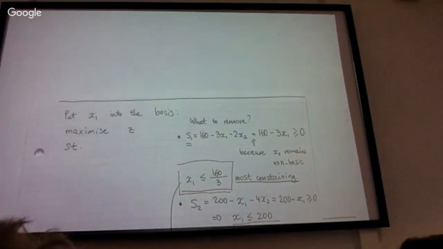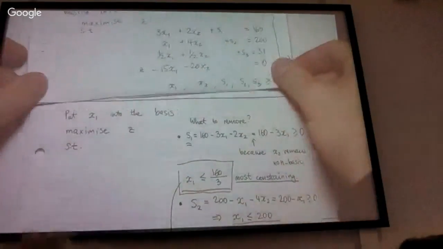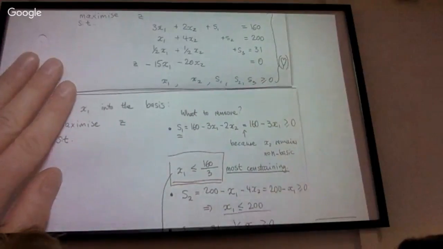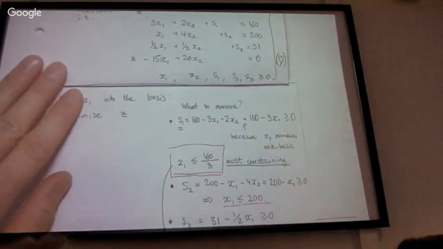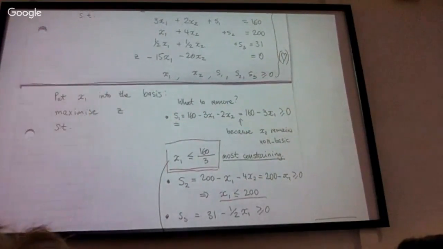That's long. Okay, so that was our first tableau, right? And there we decided that x1 has a negative coefficient, so it's a good candidate for entering the basis. Now, when we were looking for the variable to leave the basis, we had 3 options: s1, s2, s3.